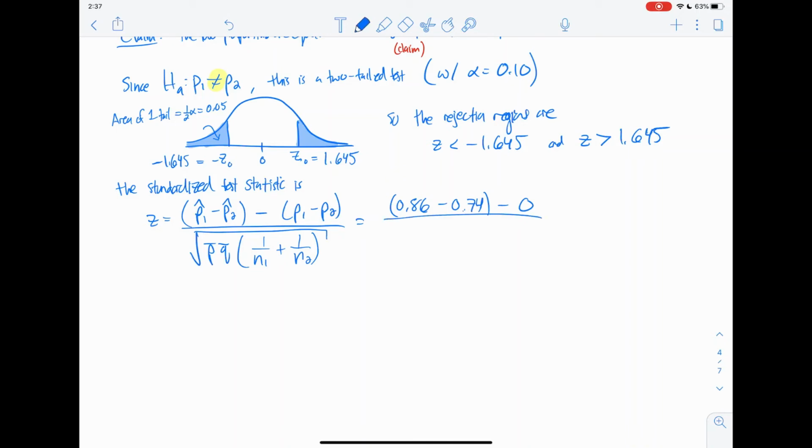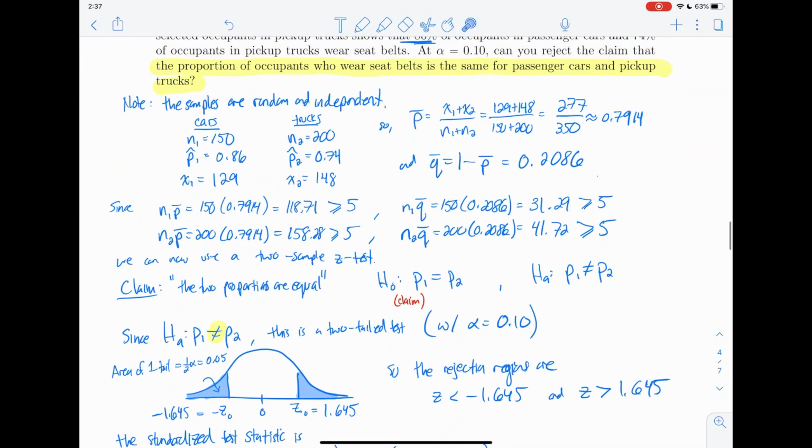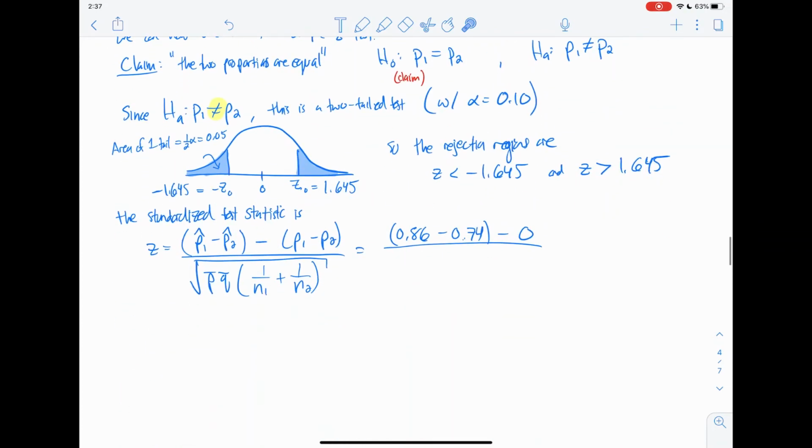And we're dividing that by, let's see, P bar and Q bar were computed in the very first line. So let's import those numbers. We're going to get 0.7914 times 0.2086, that's P bar Q bar, times 1 over 150 plus 1 over 200. The denominator is square rooted.